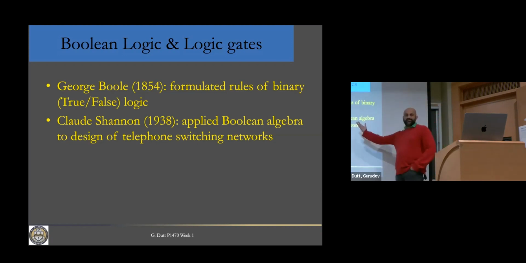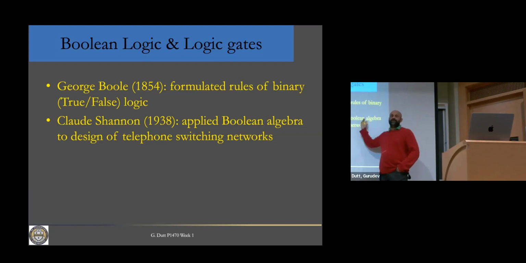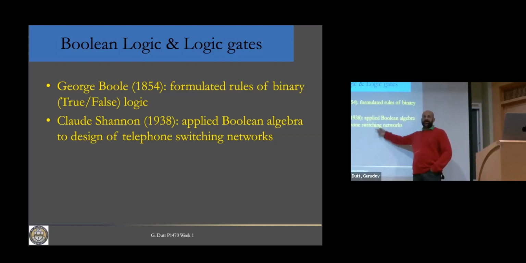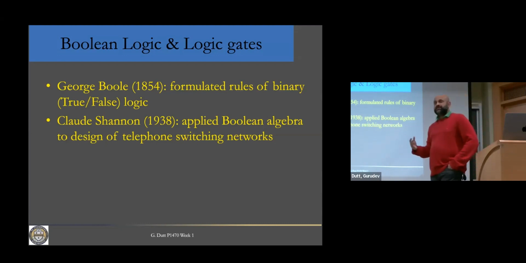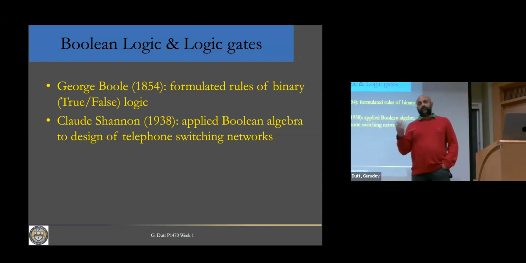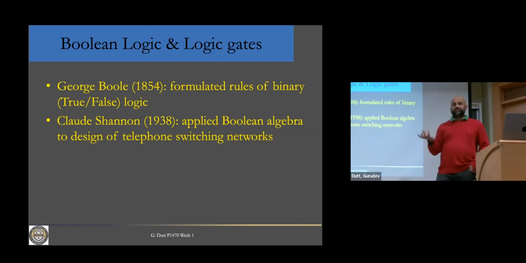He was the one who realized there is this thing called Boolean algebra. This is once again an example of something where some person randomly invented something in math, and who knows, who cares what this is good for. But it took someone like Shannon to realize, oh, I can take this Boolean algebra and apply it to something very practical, which was the design at the time of telephone switching circuits. And he figured out how to use this. And then from this, he was able to make some very powerful theorems about universal gate logic sets. Okay, we'll talk about that later.